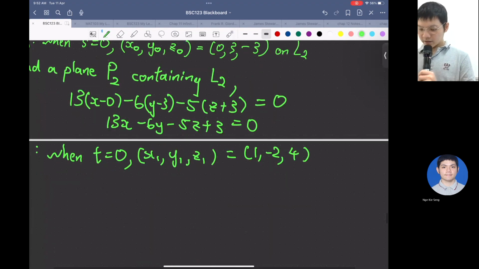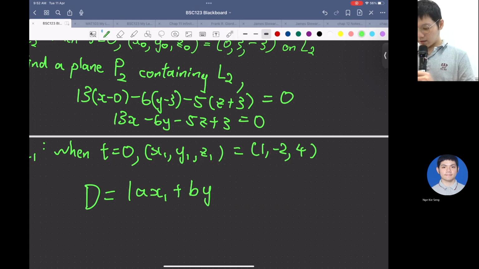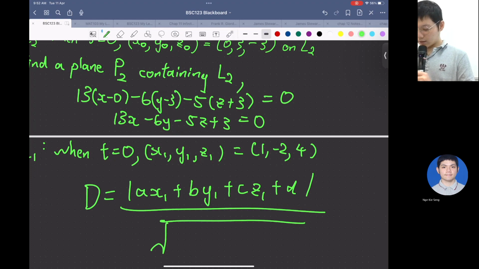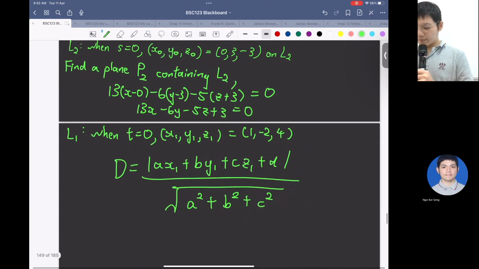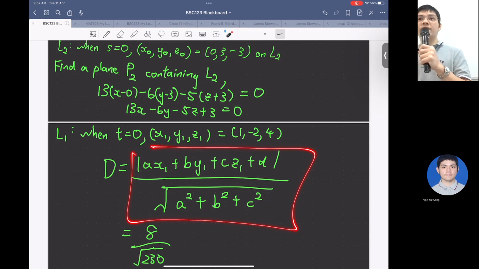Good. Up to here, we can use the distance formula again, with ax1 plus by1 plus cz1 plus d over the square root of, this is the length of your normal vector. You sub everything in, and you should get 8 over square root 230. Anyone have a question on how to sub these two values in?